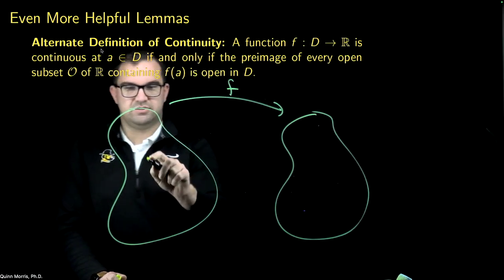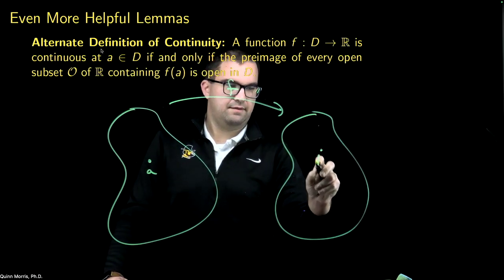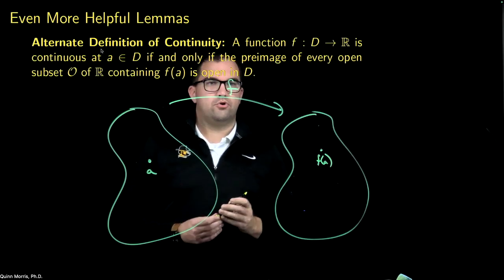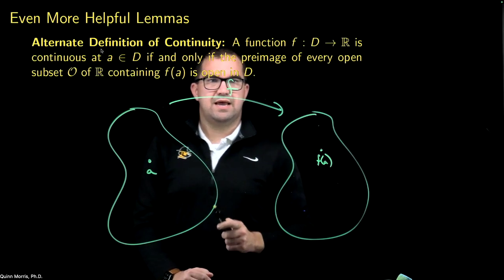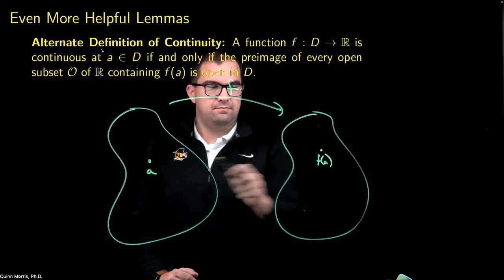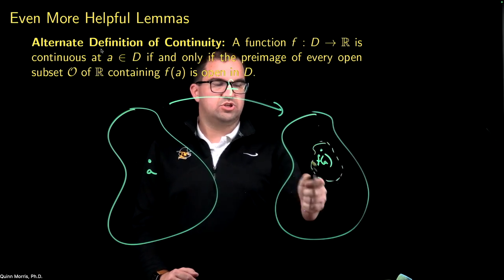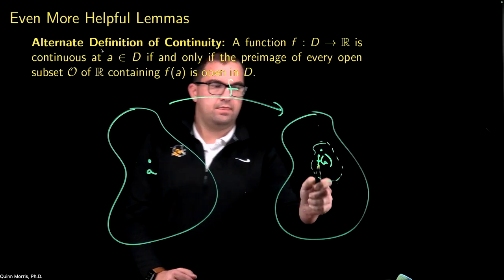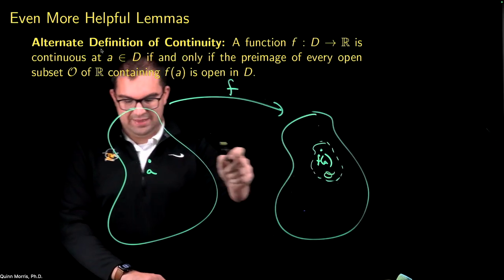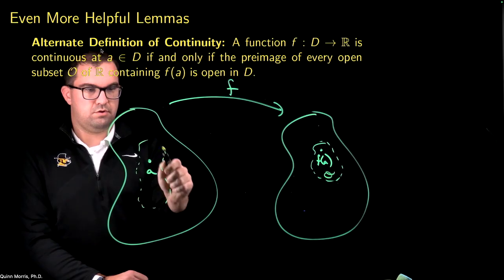So the idea is you have some point a, and it maps over here to some point f of a. And this alternative definition of continuity says that a function is continuous at the point a if anytime you take some open set over here, which contains f of a, so this is O containing f of a, and I look at its pre-image, right?